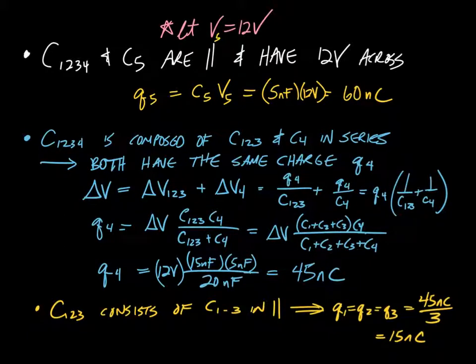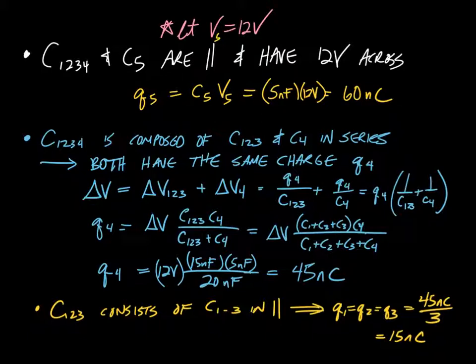So under the assumption of some given voltage, which could be anything, we could then, based on the known capacitance of each capacitor, how it's situated in a series or parallel or combined series parallel network, work backwards and determine where is the charge at any point in the circuit.